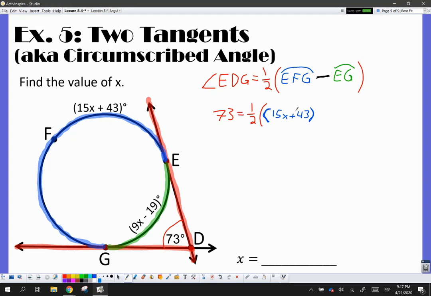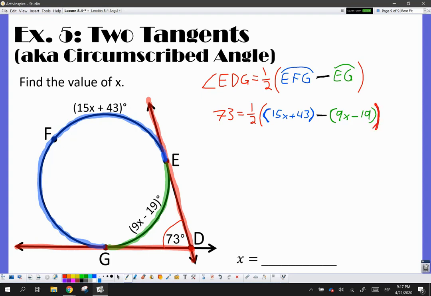But I'm putting in parentheses right now just to help you see the difference when I plug in one arc and when I plug in the other. Now I'm going to subtract, and then I have arc EG. The expression for that one is 9x minus 19. Again, I'm going to put that in parentheses. I have 9x minus 19. I close that parentheses, and then I close the big parentheses.